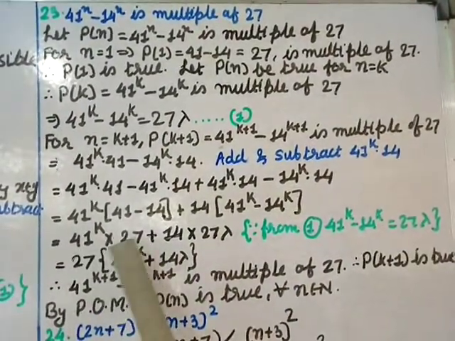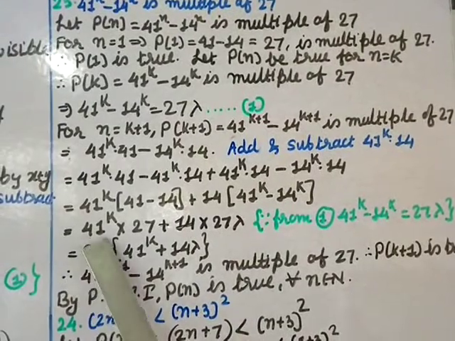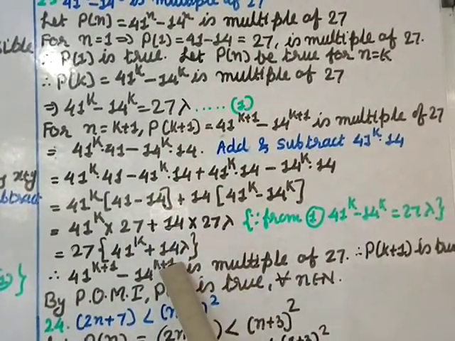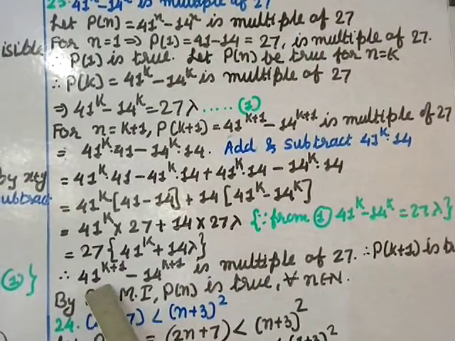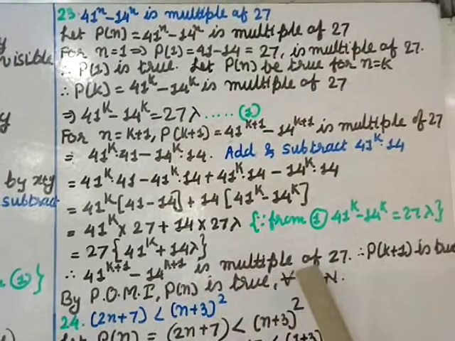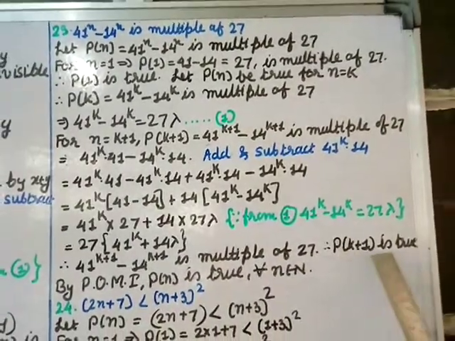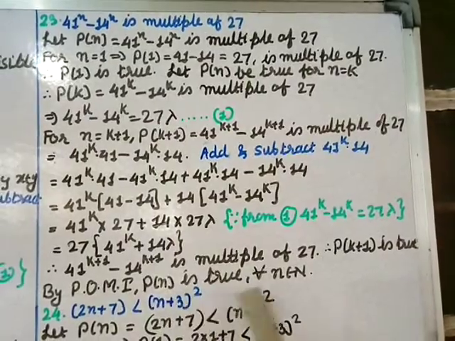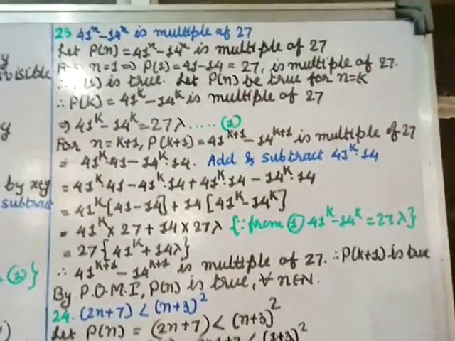Now from these two you can take 27 common. Here remains 41 power k plus 14 lambda. So we can say that 41 power k plus 1 minus 14 power k plus 1 is multiple of 27. Therefore Pk plus 1 is true. By principle of mathematical induction, Pn is true for all n belongs to capital N.